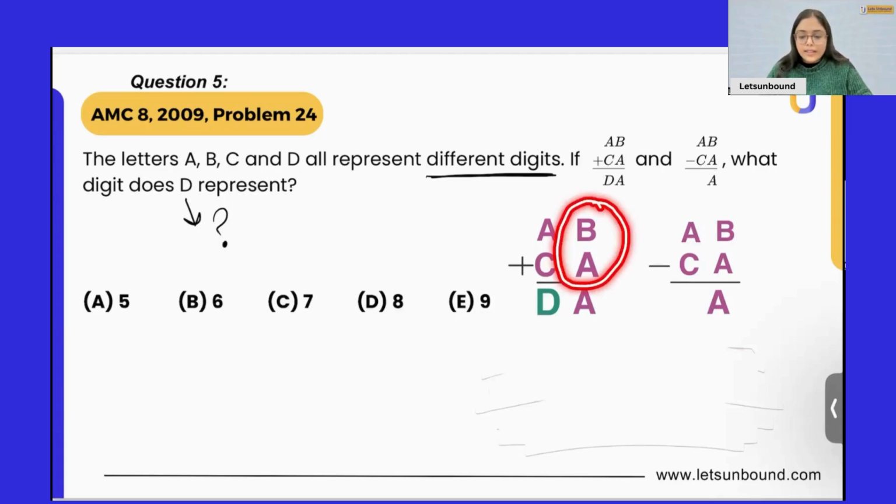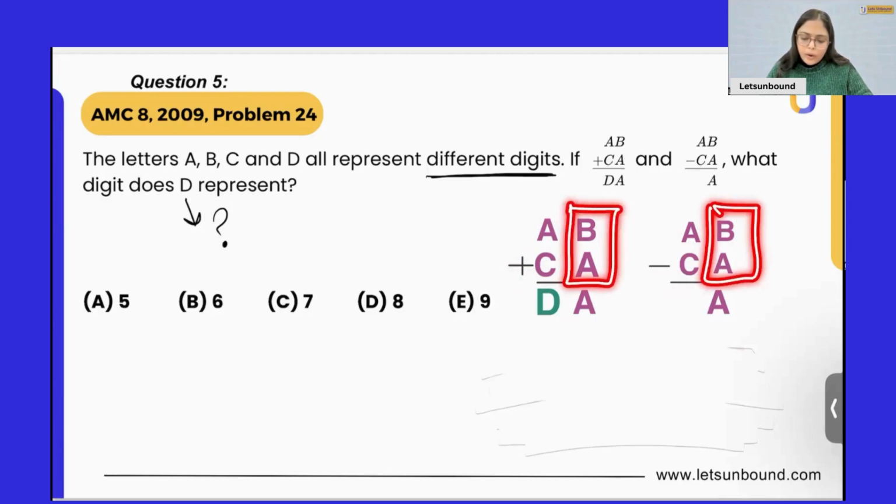Have a look at first these two columns. You can see it's BA and there also BA. Similarly, here also it's AC and here also it's AC. The only difference is addition and subtraction. Can you see that?